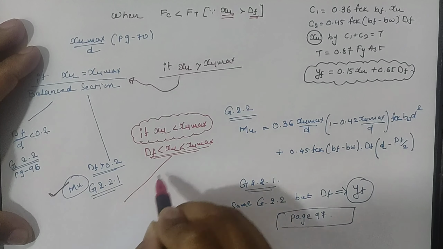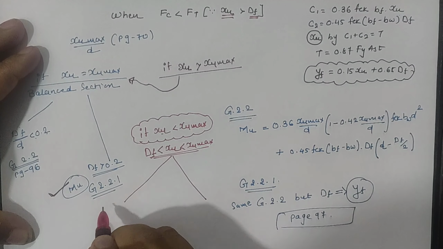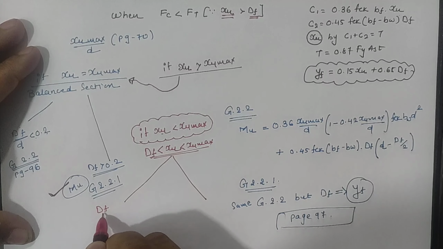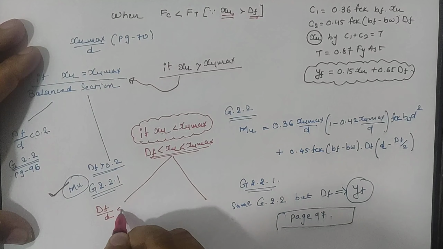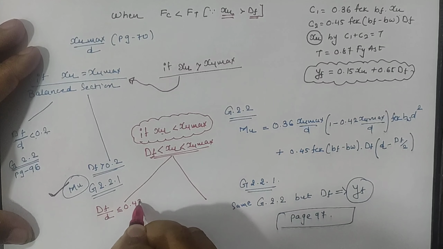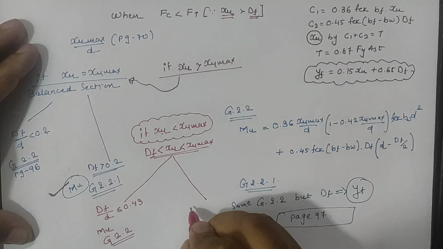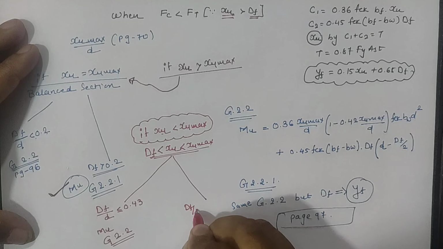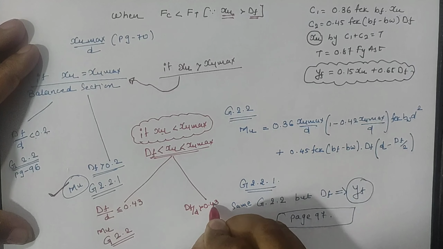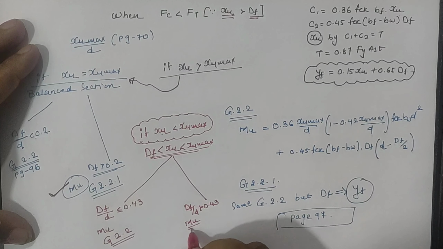Then there are two terminologies. First, if the DF by D ratio is less than or equal to 0.43, then the moment can be calculated by equation G 2.2. And if the DF by D ratio is greater than 0.43, then we have to use the Mu equation G 2.2.1.